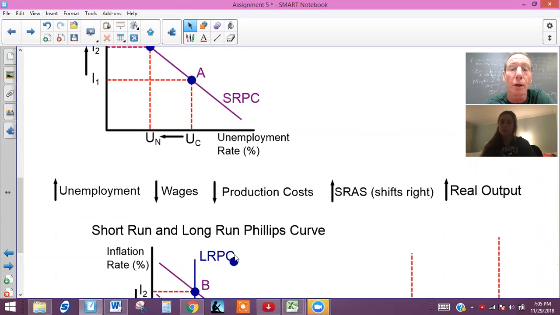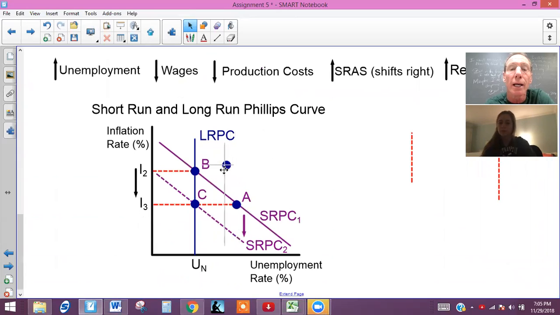But the long run Phillips curve is like the long run aggregate supply, it is vertical, which says that in the long run, price levels are going to adjust so that we come back to the natural level of unemployment, which, depending on who you ask, is somewhere around 4%, is what we call the natural level, or full employment.